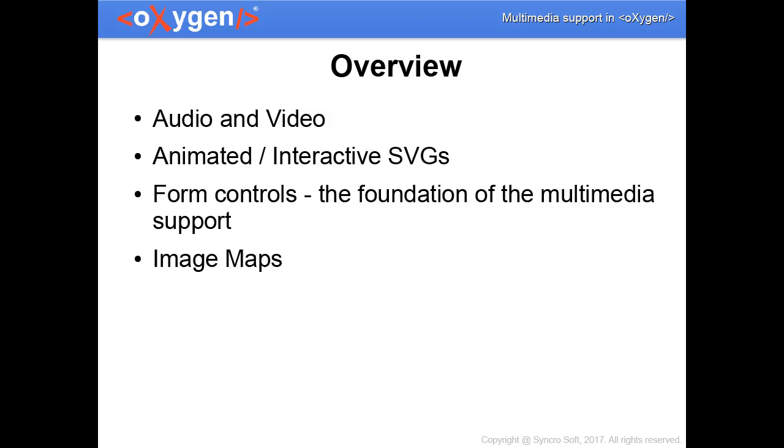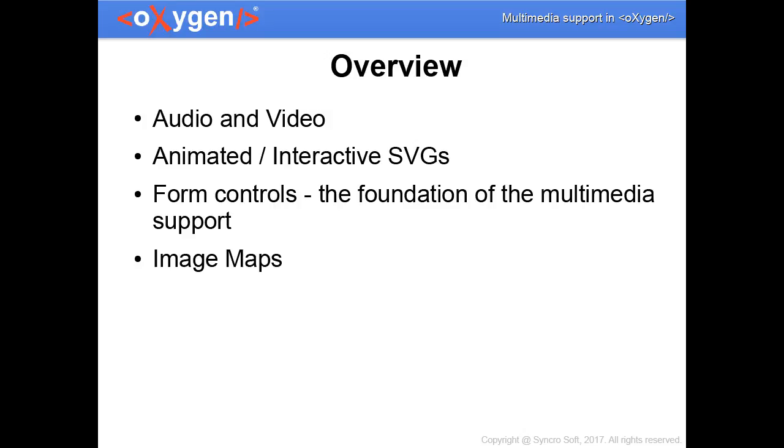So moving on, the outline of my presentation about the multimedia support in Oxygen is the following. We will start with the audio and the video support in Oxygen in the author mode mainly. We will then have a look at animated or interactive SVGs.